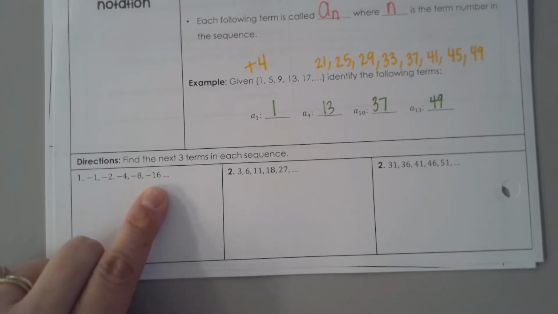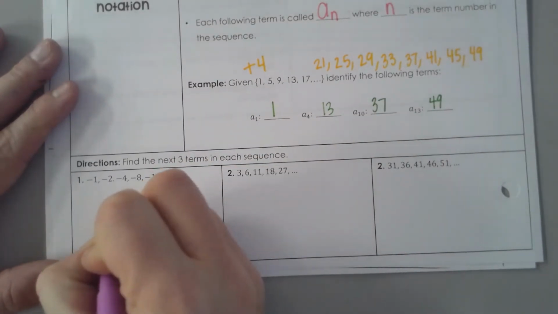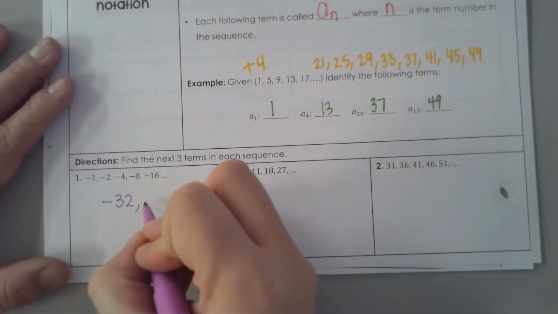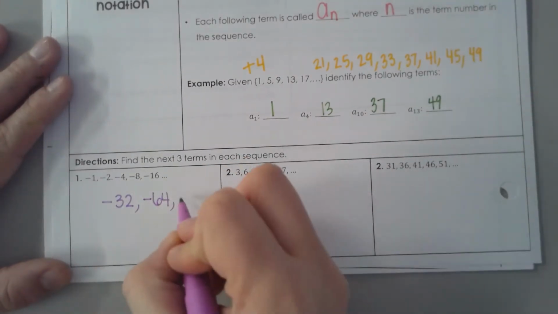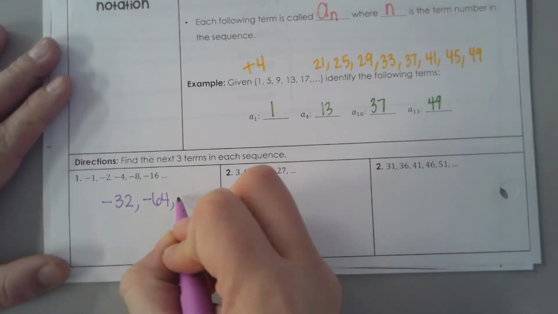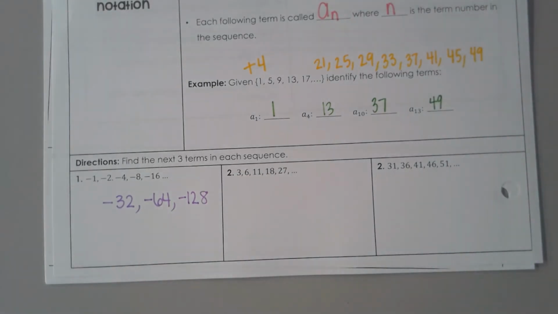So -16 times 2 is what? -32. -32 times 2 is? -64. Yep, times 2? -128. Yes, -128.